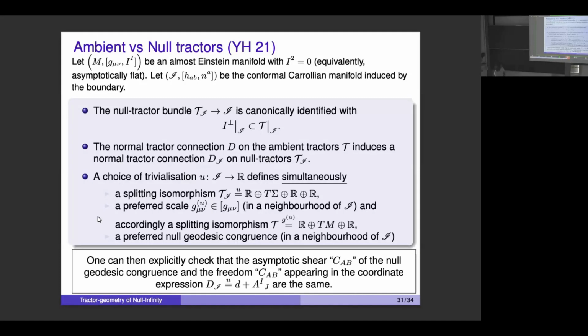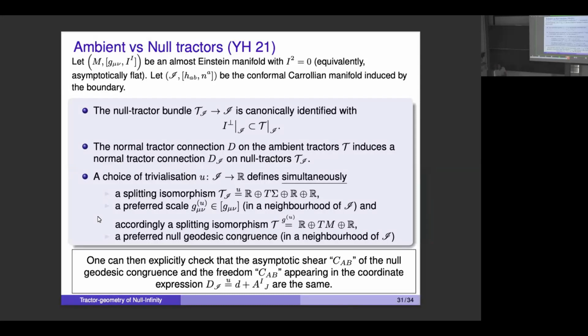And then I'm saying if you now open up your tractor connection, the free parameter is precisely this asymptotic shear of the null geodesic congruence. Now, you might ask, when can I choose a null geodesic congruence which has zero asymptotic shear? This means, when can I choose a foliation u so that my Cartan connection is flat? And the answer is you can do that if and only if the curvature is zero. So the curvature of the tractor connection is the obstruction to finding this asymptotically shear-free null geodesic congruence.